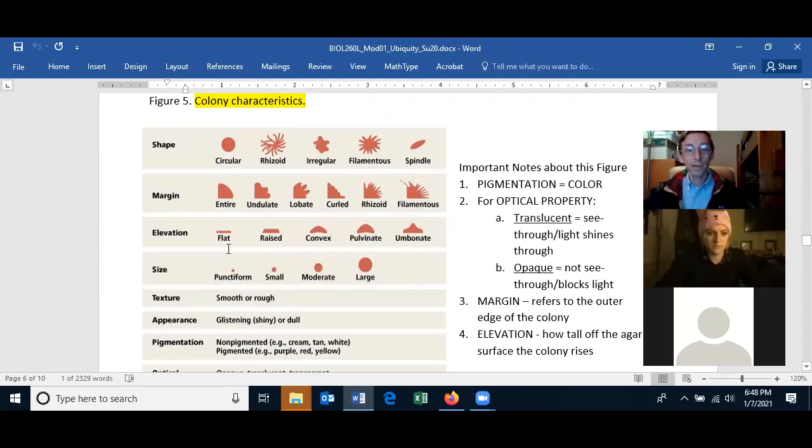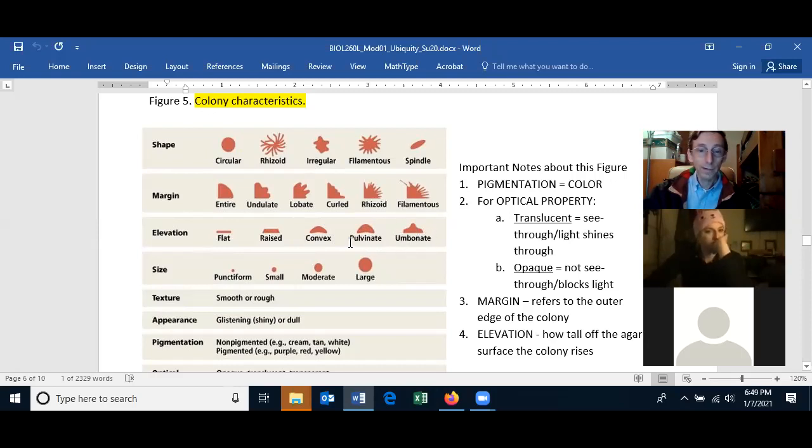The elevation of the colony. Usually you have to take the lid off the plate and look at the plate at an angle to determine the elevation of the colony. There can be flat colonies, a raised colony, a convex colony, a superconvex colony, which is called pulvinate, and then an umbonate colony that sort of looks like a mountain.